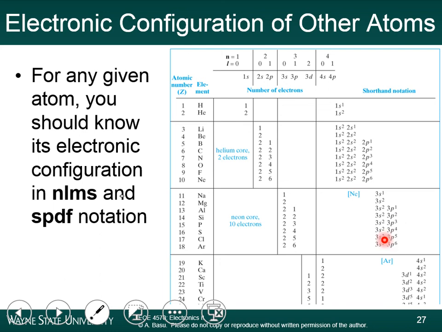And this table shows all of the electronic configurations for atoms from 0 through 24 in the periodic table. So for any given atom, you should know its electronic configuration in the SPDF notation. You don't need to know the NLMS notation, and I wouldn't expect you to memorize it. If you know what the atomic number is, you should be able to write down the electronic configuration.